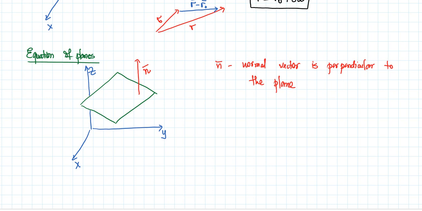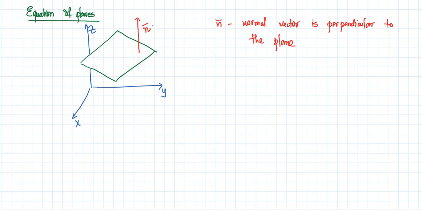So we say that this normal vector comes with components, let's say A, B, and C. And at the same time, we know the coordinates of one of the points here. So we know one point, P0, which has the coordinates x0, y0, z0.